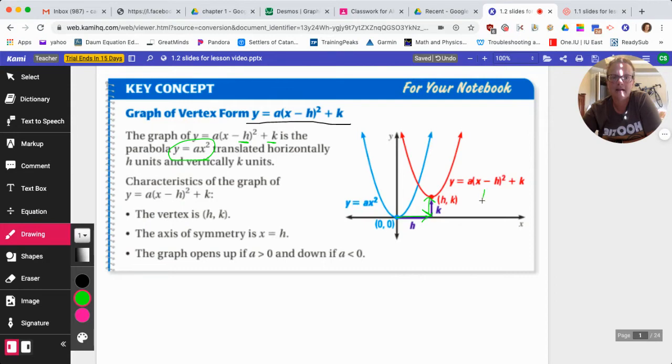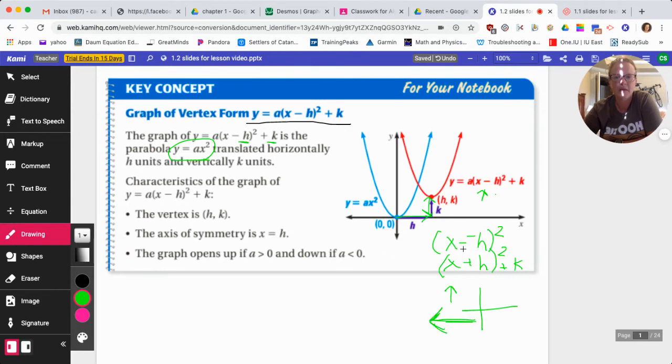Now that's x minus h. If we had x plus h, quantity squared plus k, that means I'd be moving it to the left and up because it's plus h, which is the same as minus a negative h, which is why I move it to the left.